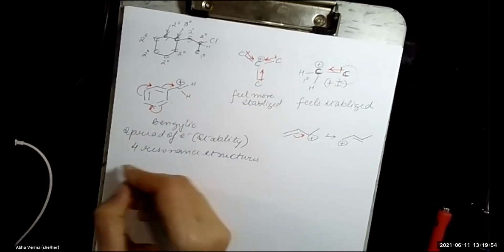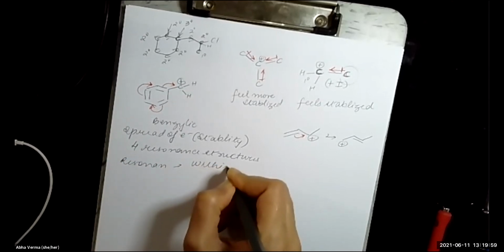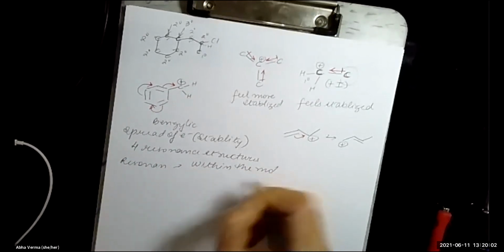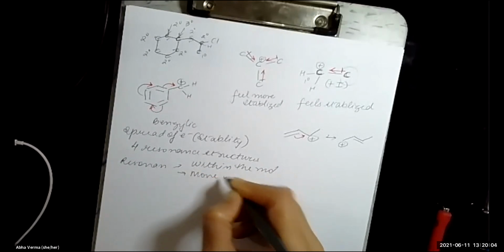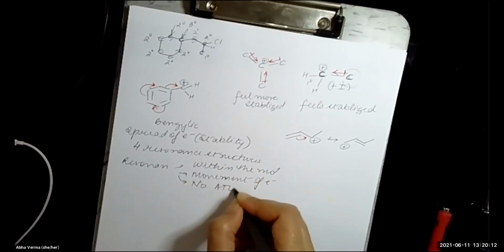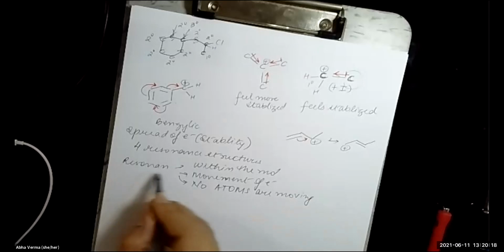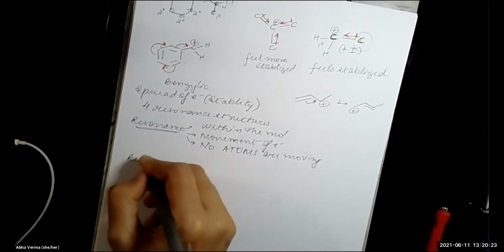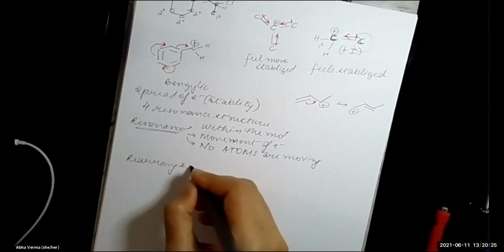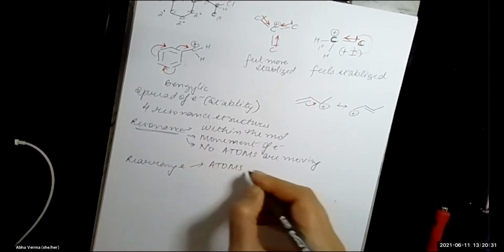Now, resonance and rearrangement are two different things. When we talk about resonance, resonance is within the molecule and only movement of electrons. No atoms are moving. That's what resonance is. But when we are looking at rearrangement, and we are going to look at the 2 rearrangements that I'm going to show you, we will see atoms moving.